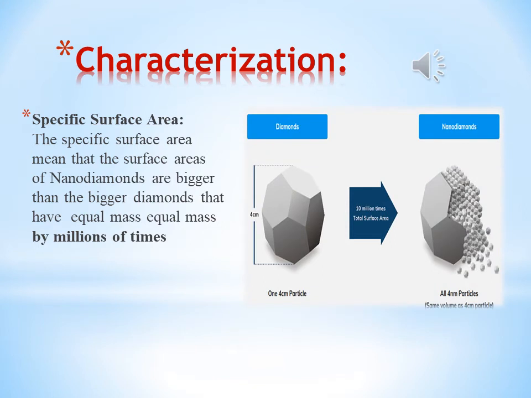Specific surface area is an important feature too. As you know, because of the nano size, the surface area of nanodiamonds is bigger than that of bigger diamonds of equal mass by a million times.